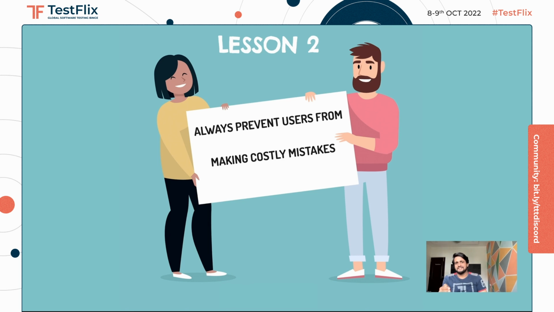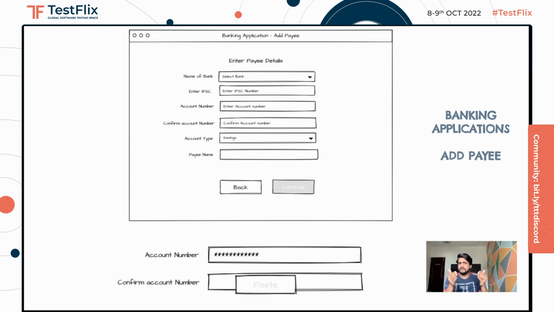The next lesson is always prevent users from making costly mistakes. As a tester, help develop a design that safeguards users from making costly mistakes at all times. When you are adding a payee to transfer money from your account to your payee's account, you are asked to enter the account number twice.